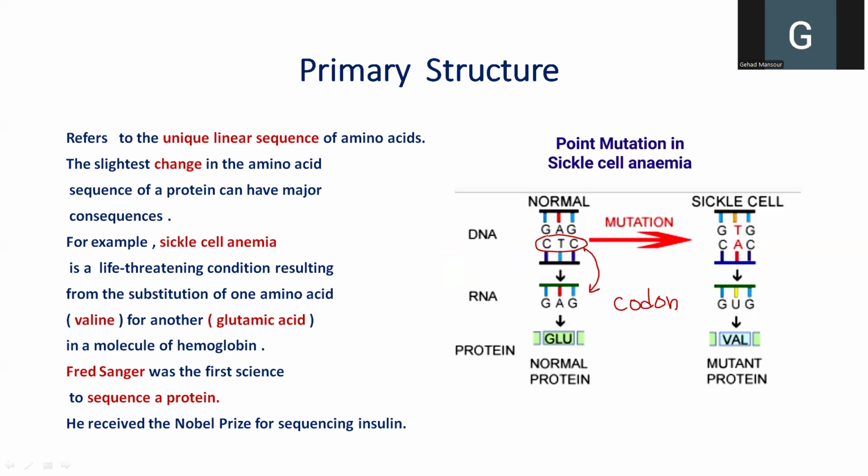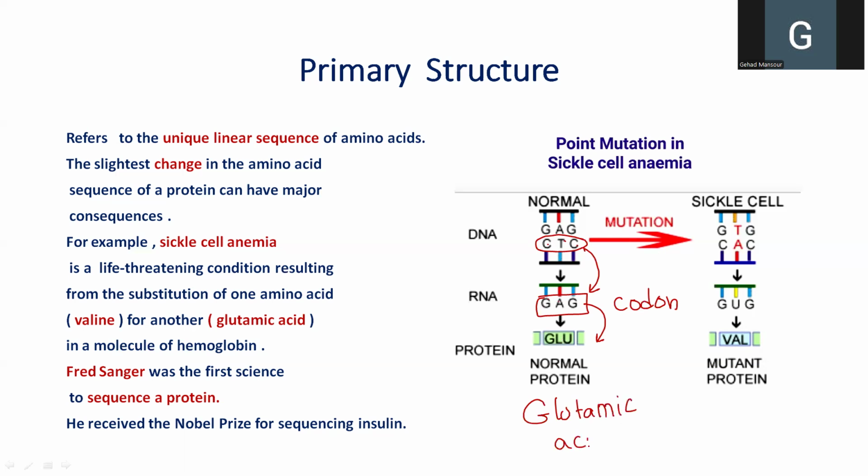So complementary to cytosine, we have guanine. Complementary to thymine, yes, it's okay, we have adenine. There is no mistake, there is no problem. And complementary to cytosine, we have guanine. This codon represents an amino acid that is called glutamic acid. GLU stands for glutamic acid.